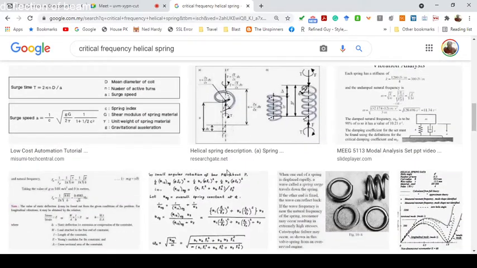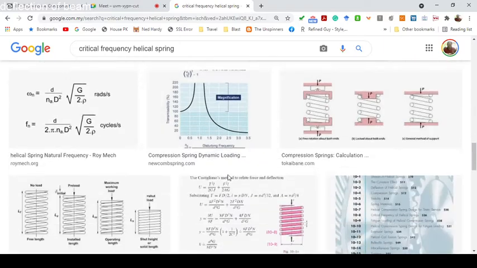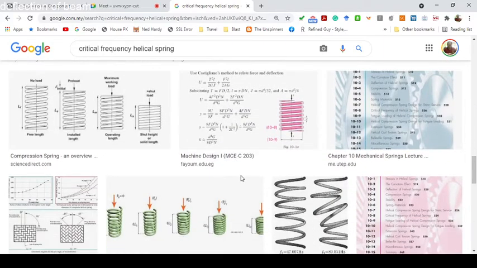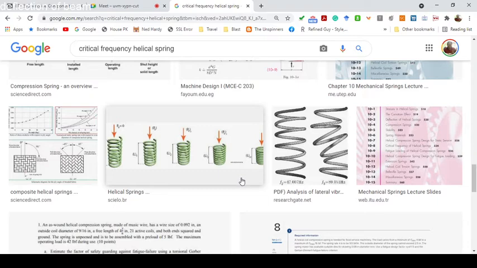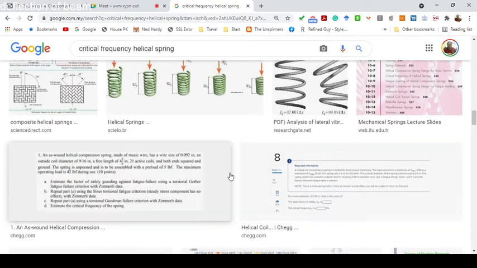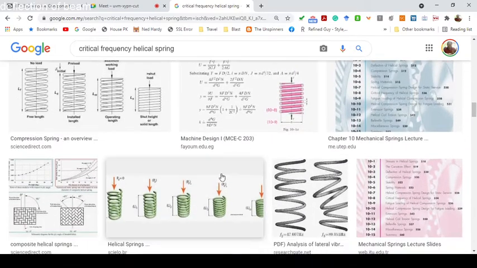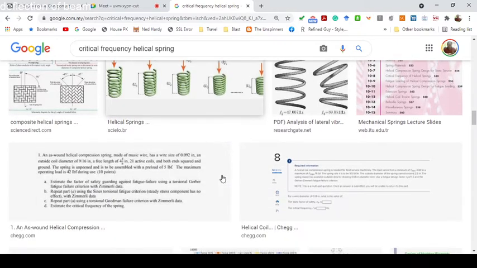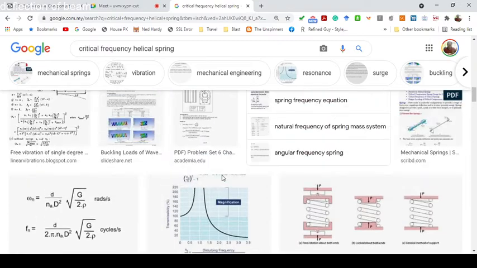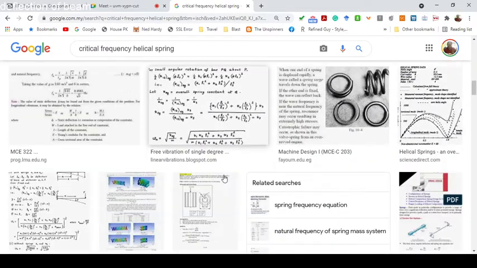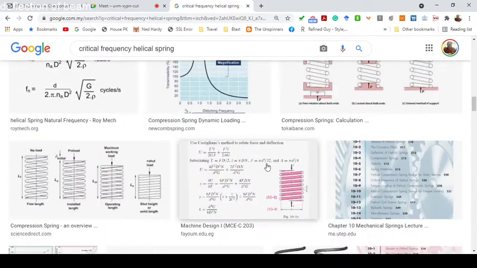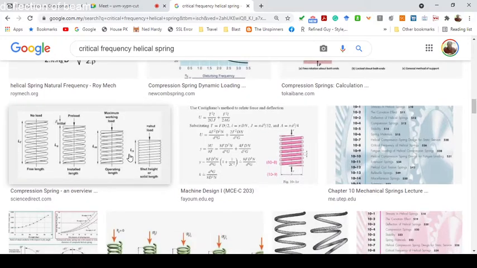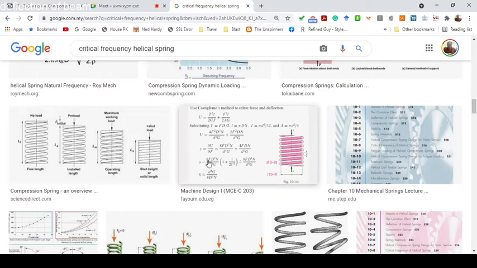Most of them have no actual picture related to the critical frequency, but as long as the spring is moving, it has a frequency in it. No matter the figure of the spring like this or anything that is bouncing, anything that is bouncing can be called a spring.